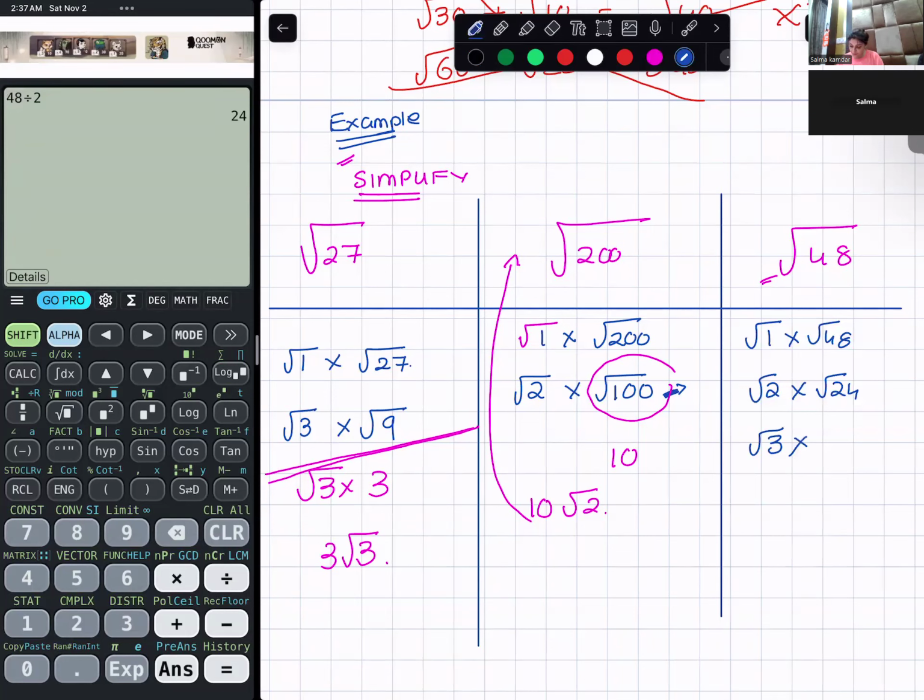Root 3 into 48 divided by 3, so root 3 into root 16. 16 is a square number. Okay, so I would check root of 16 is what? Root of 16 is 4. So instead of 16, I can write 4. So it would be 4 root 3. I have simplified this surd.